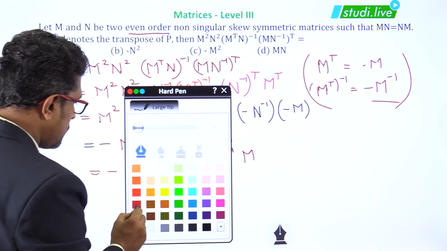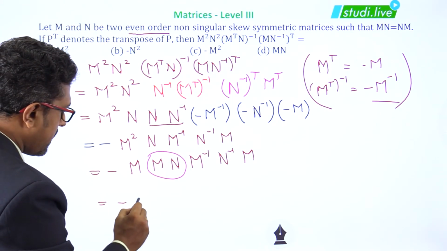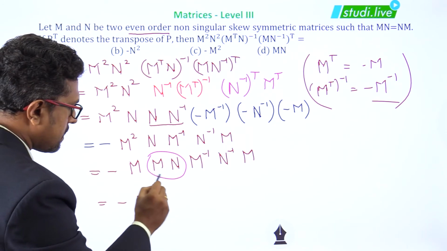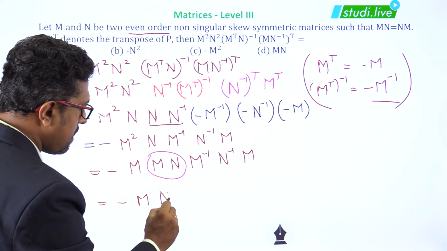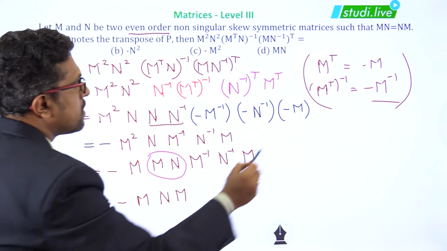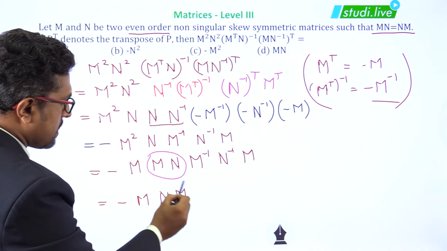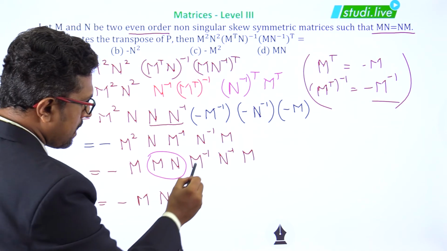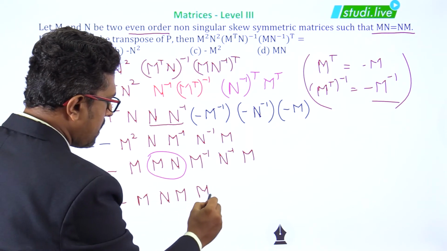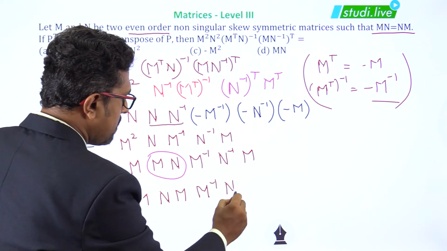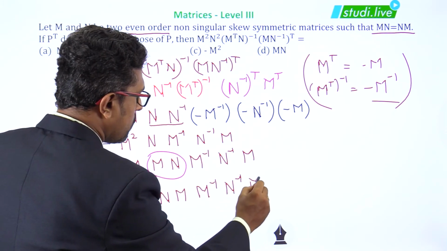We will write this as minus M, and this is written as NM. That is by using this property, MN is equal to NM. And we also have M inverse, N inverse, and N over here.